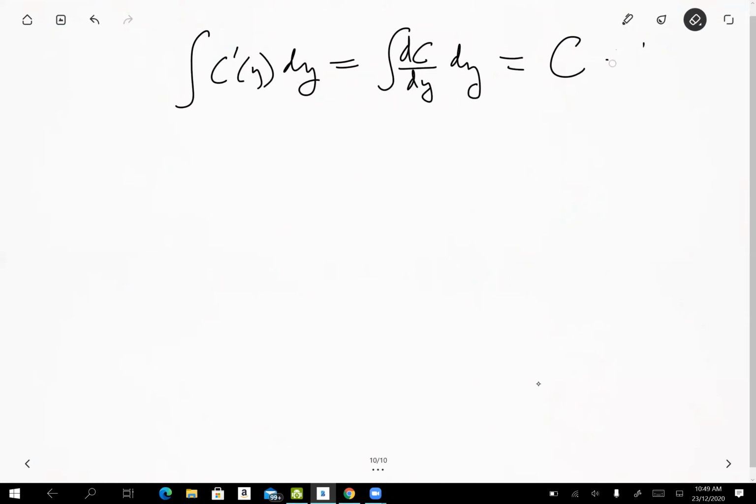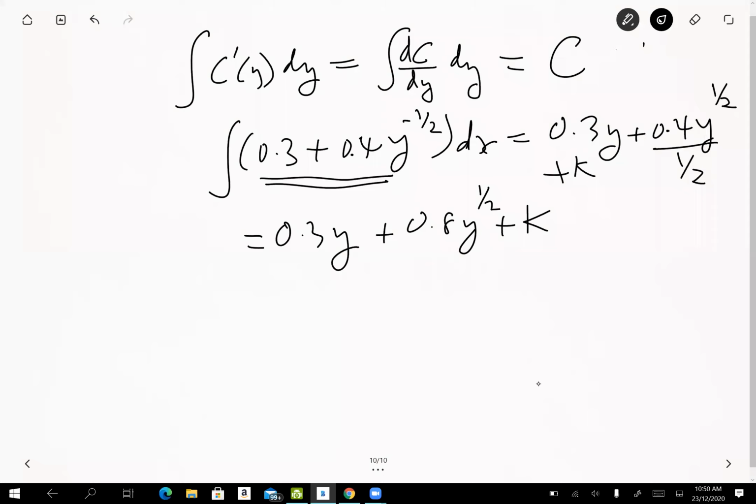Given the initial condition, you are given a point where when income is 0, the consumption is $6 trillion. So no income, consumption, $6 trillion. You use that information to find the value of k.